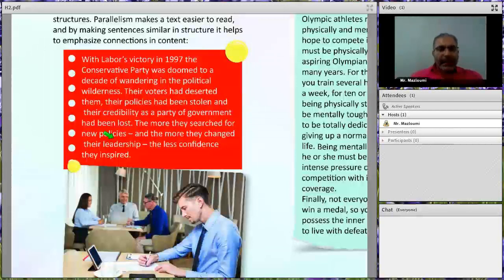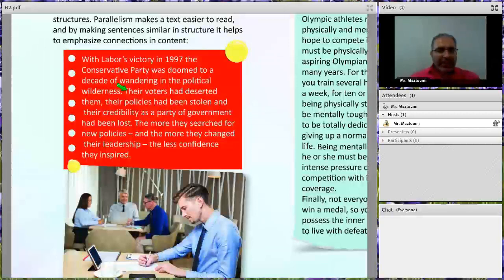So now let's check out the parallel structures here, everyone. You see here in sentence 2, the writer says their voters had deserted them, then the policies had been stolen.